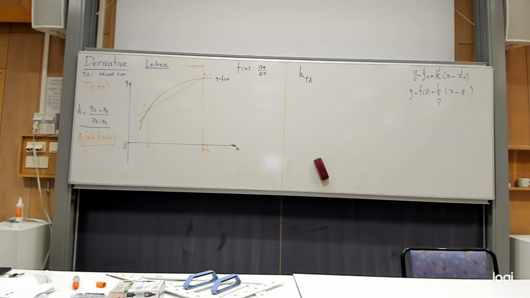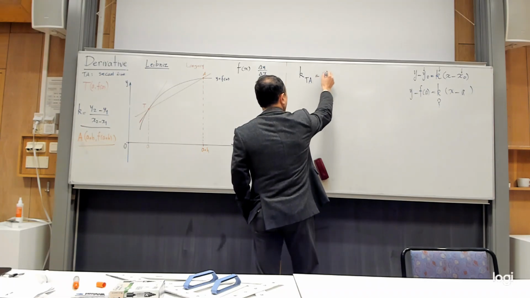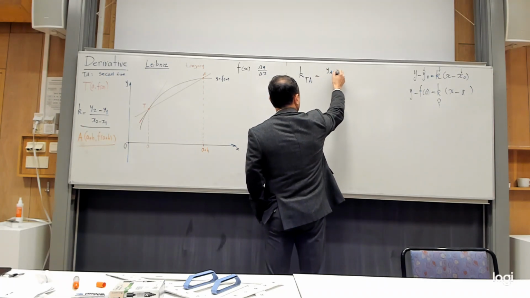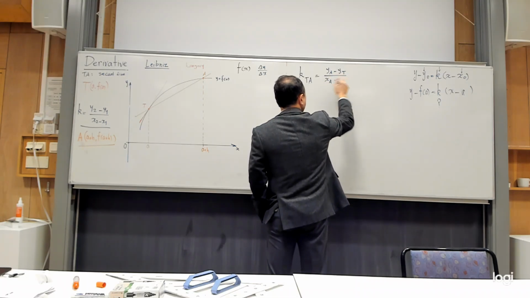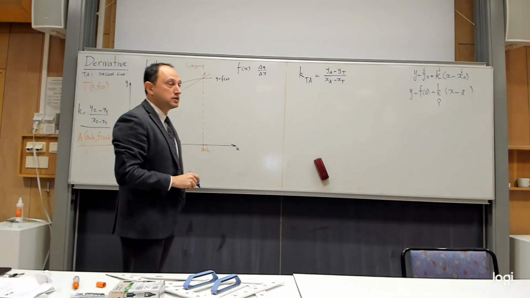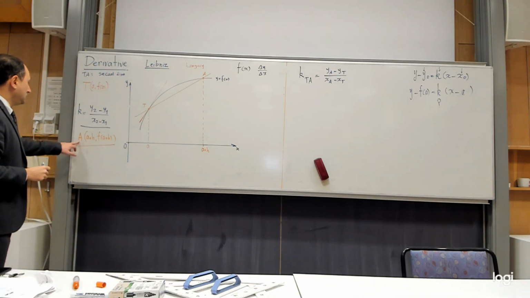So let us find the k-value for the secant line. Yes, I write y of point A minus y of point T, divided by x of point A minus x of point T. So let us calculate this. What is y of A? You see it here on the board.